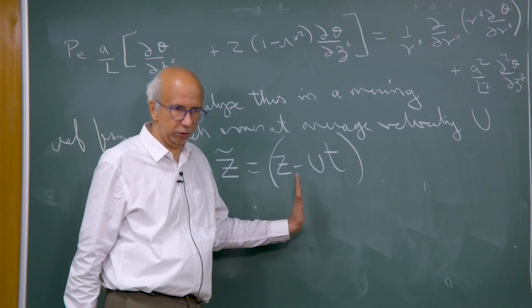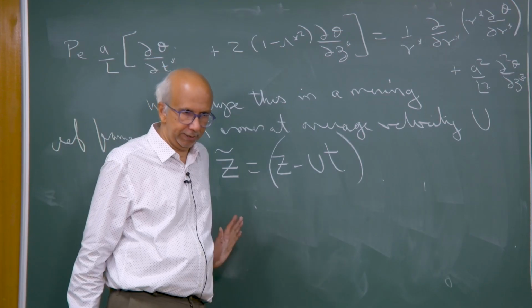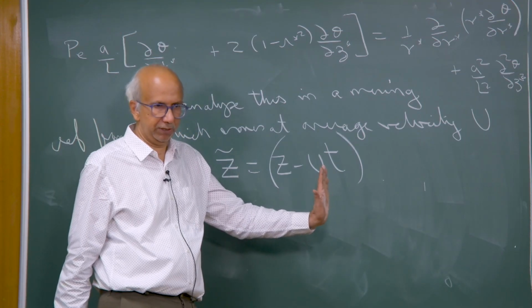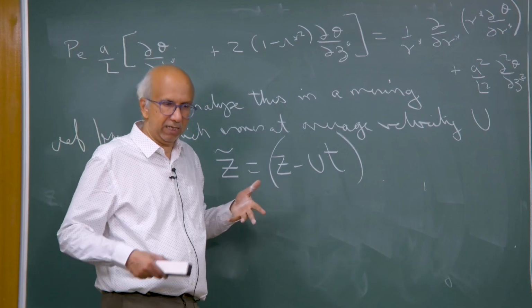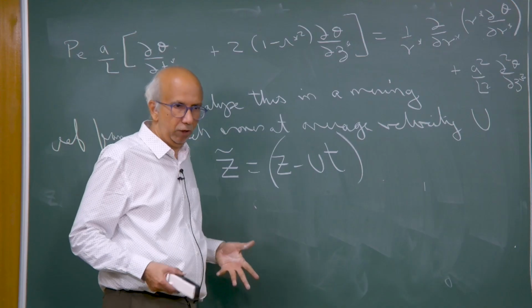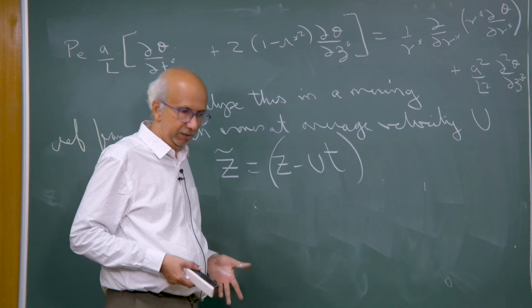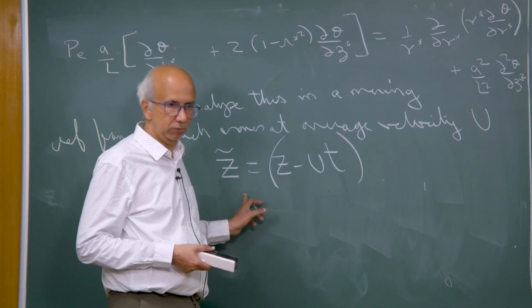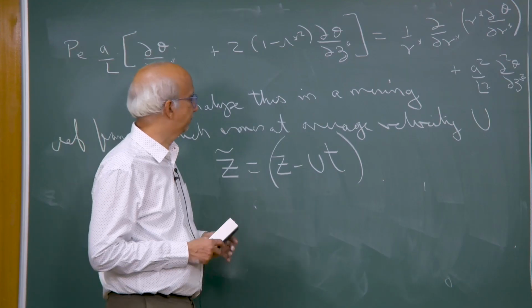At t equal to 0, z is 0, and then the slug has started moving at a constant velocity. So, z will be ut, but since I am sitting on the thing, in the moving reference frame, z tilde will always be 0. That is how this comes.